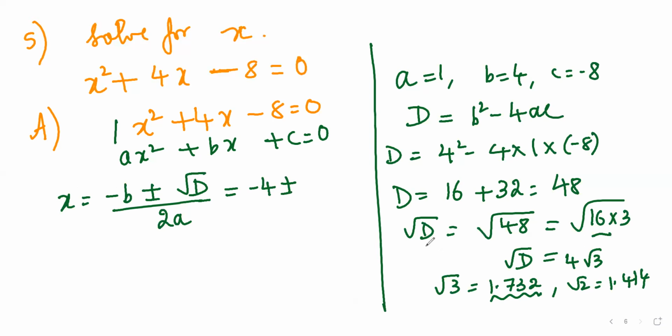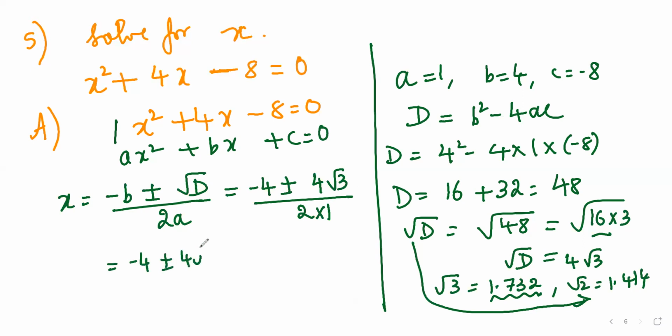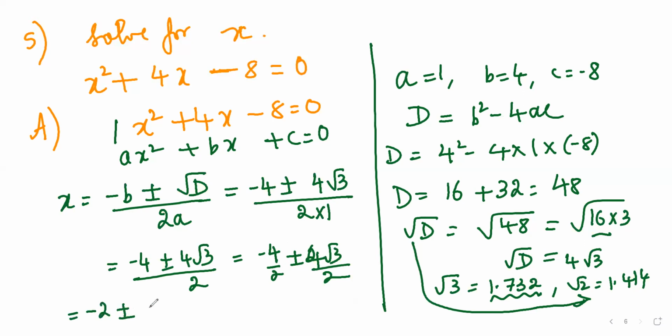Root of d, we found out what's that? 4 root 3, isn't it? 4 root 3 over 2 into a. a is 1, of course. That's minus 4 plus or minus 4 root 3 upon 2. I'll divide the 2 for both of them, so minus 2 plus or minus 2 into root 3.